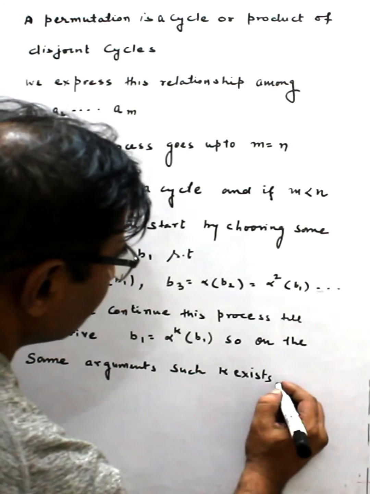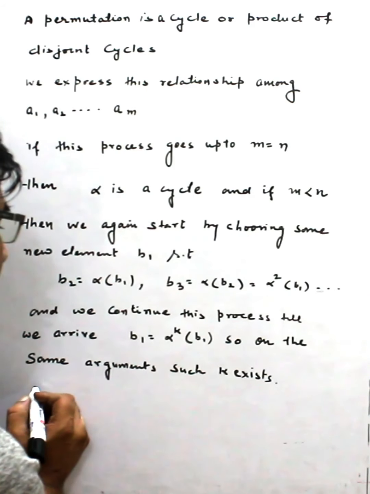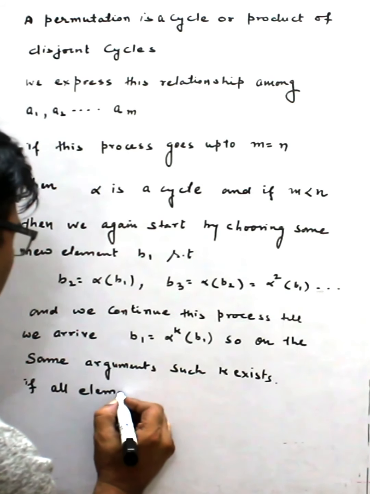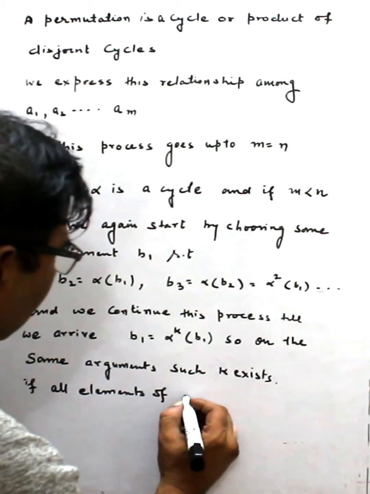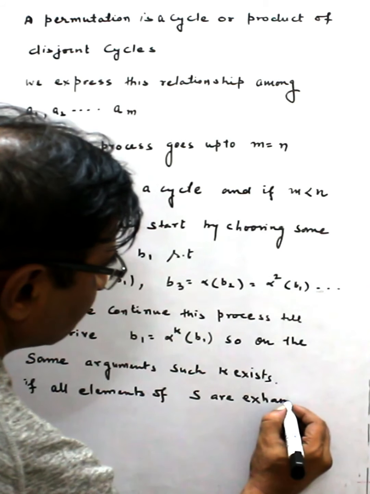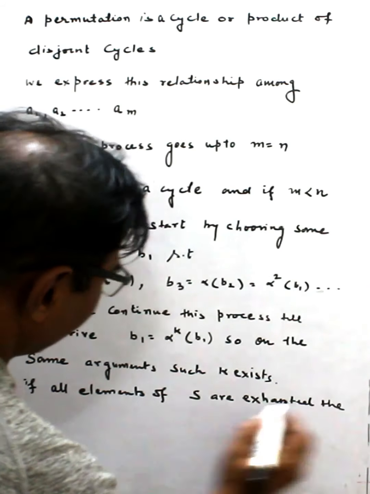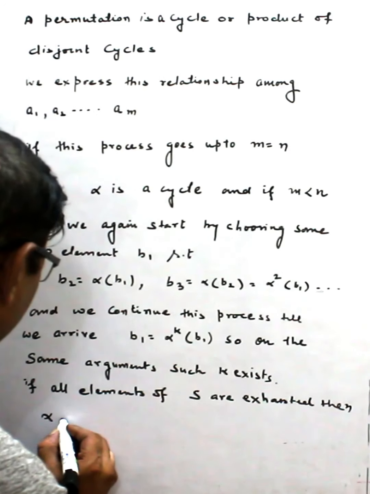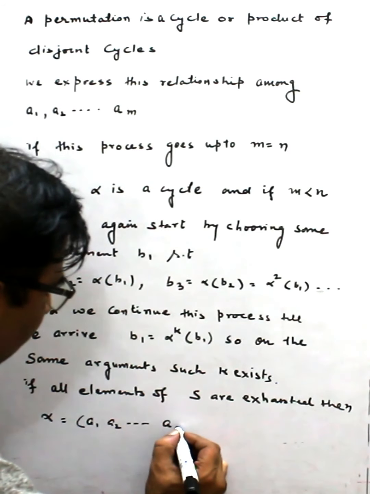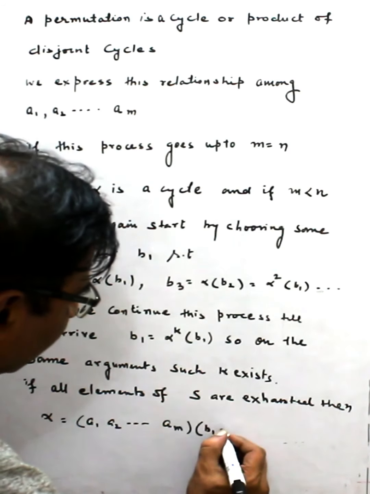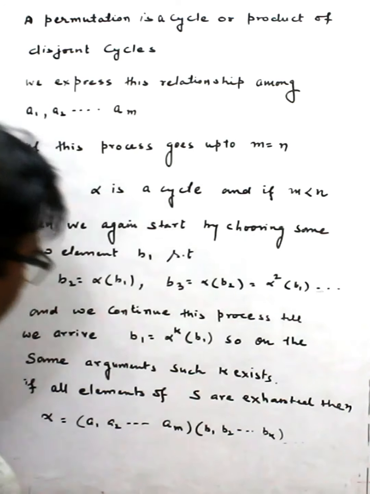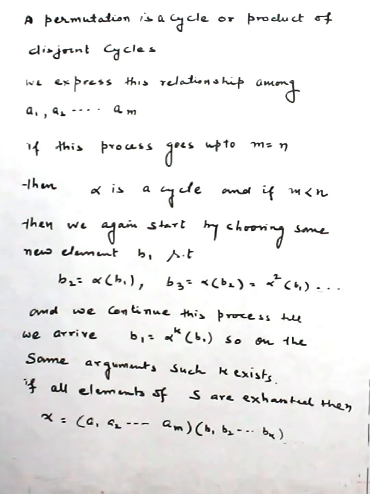If all elements of S are exhausted, then alpha is equal to (A1, A2, ..., Am) and (B1, B2, ..., Bk), and these are two disjoint cycles.